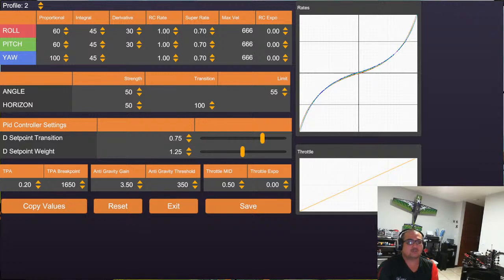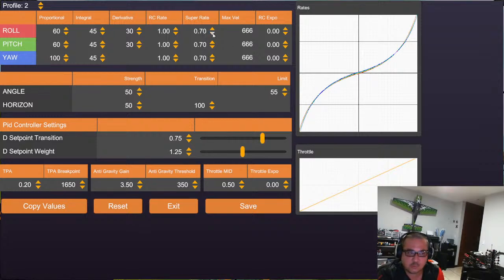But when I talk about resolution when it comes to rates, it's as simple as this. Okay, watch. Your maximum degrees per second, the max velocity as they're calling it here, your stick is spreading across that entire range. Okay? 666 up, 666 down, blah, blah, blah.